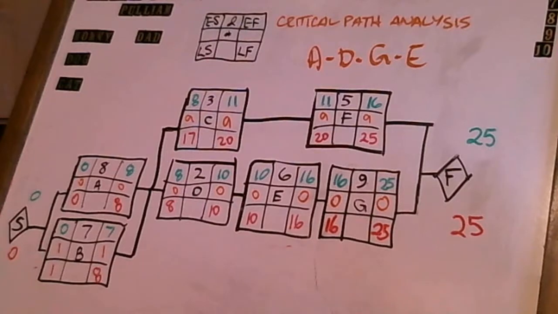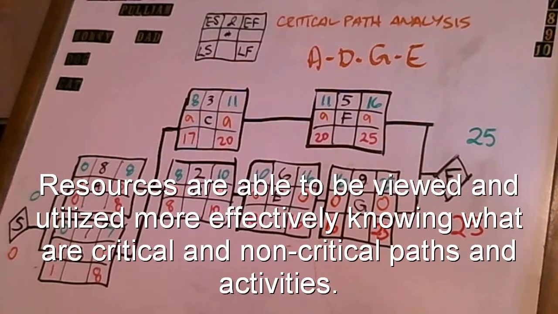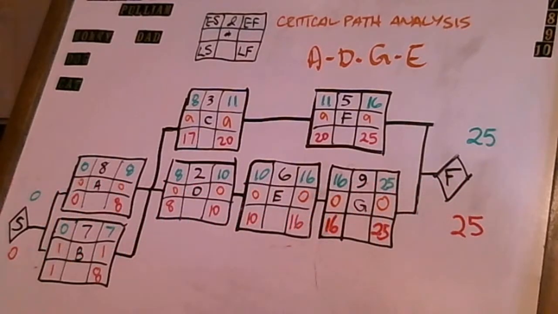Well, when you have the slack to work with, then you're able to maybe identify resources that aren't necessarily needed on the pathway of C and F, particularly maybe in C or in F, that may then be able to be utilized somewhere else in the project, perhaps on the critical path. So it allows you to look at the resources that you're utilizing on your non-critical activities and manage those resources in a more effective and efficient way.